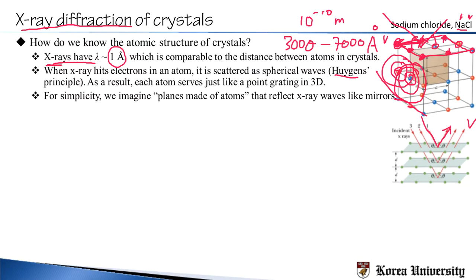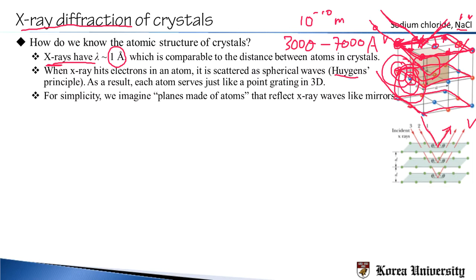Because atoms are periodically positioned, if you imagine there is one plane like this, then there is another plane over here, and then another plane here. All of them work like a mirror. So when the light comes in and reflects from here, some part of the light will go through into the second layer, and there will be a reflection, and then there will be a path difference.